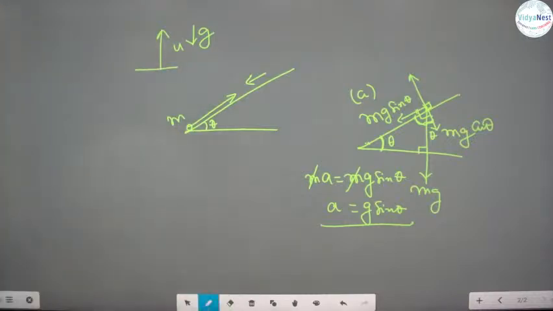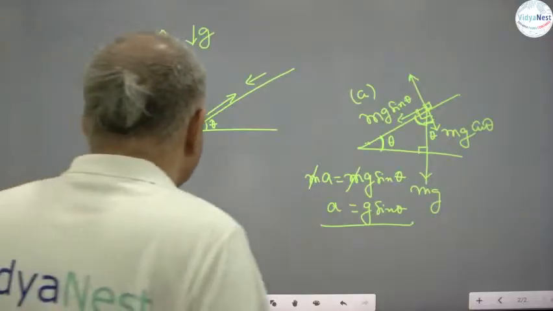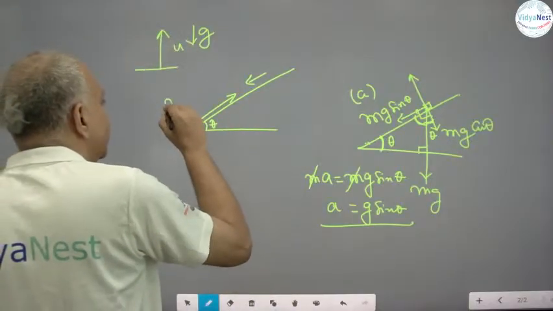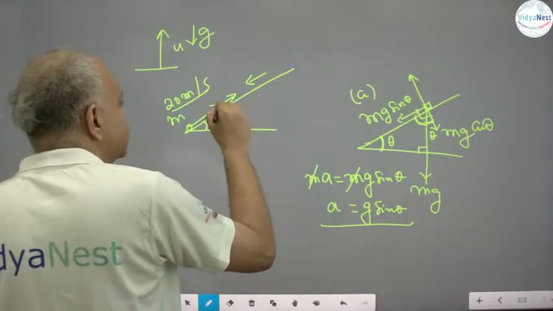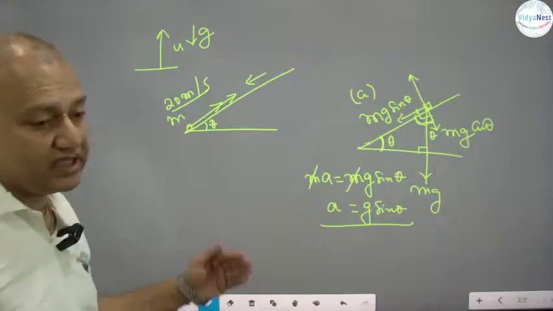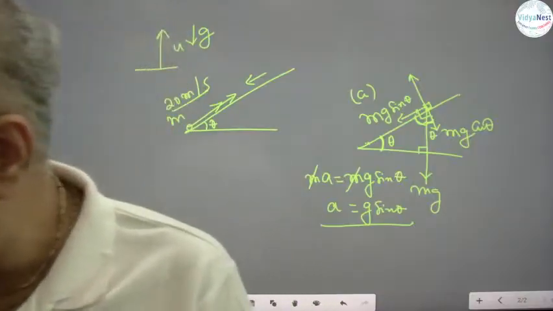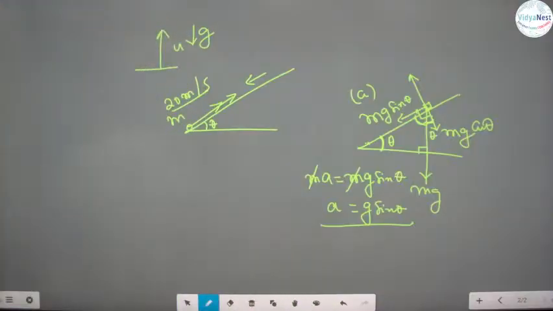Now in this situation, suppose a body is projected from the bottom of a smooth inclined plane with a velocity of 20 meter per second, along the inclined plane upward. It is sufficient to carry it to the top in 4 seconds.